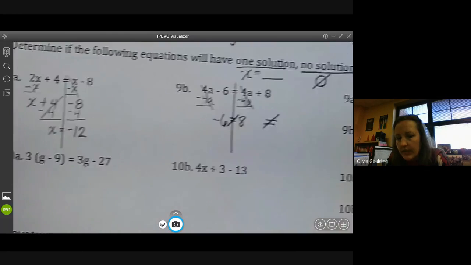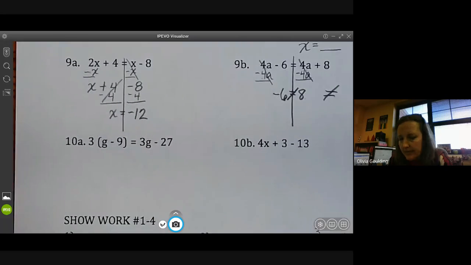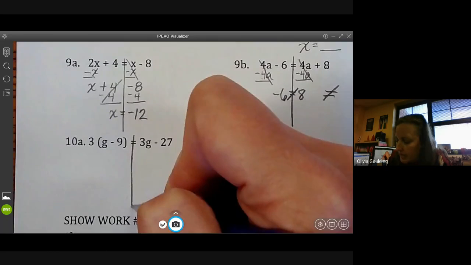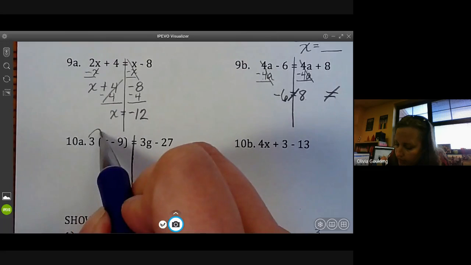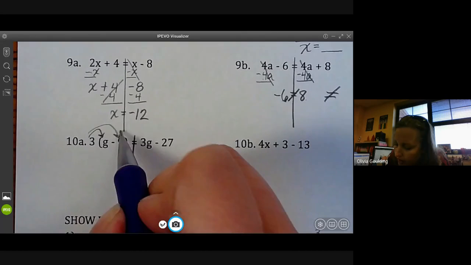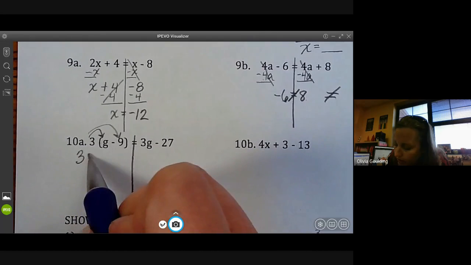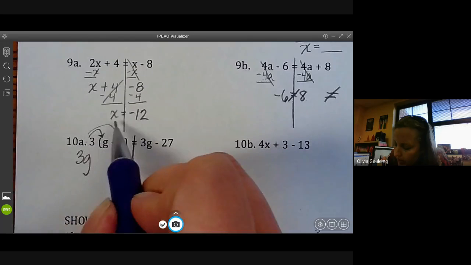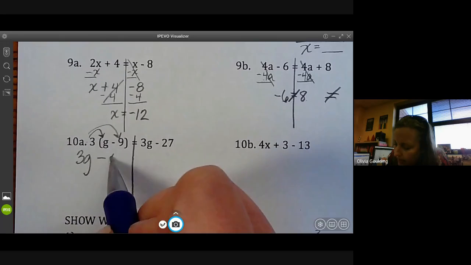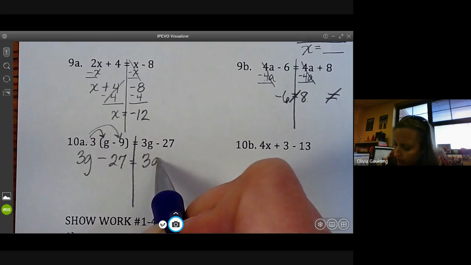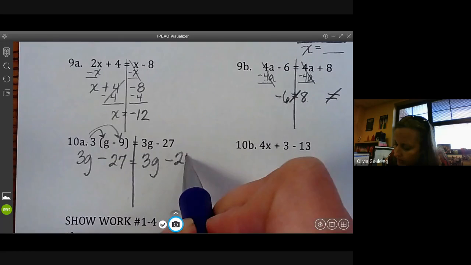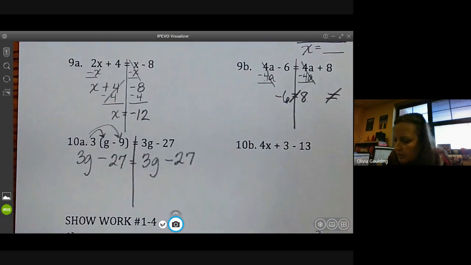Okay, let's go down to 10a. Right here, we have parentheses, so that means we have to use the distributive property first. So 3g, and then 3 times negative 9 is negative 27. And we're going to bring this down. 3g minus 27.